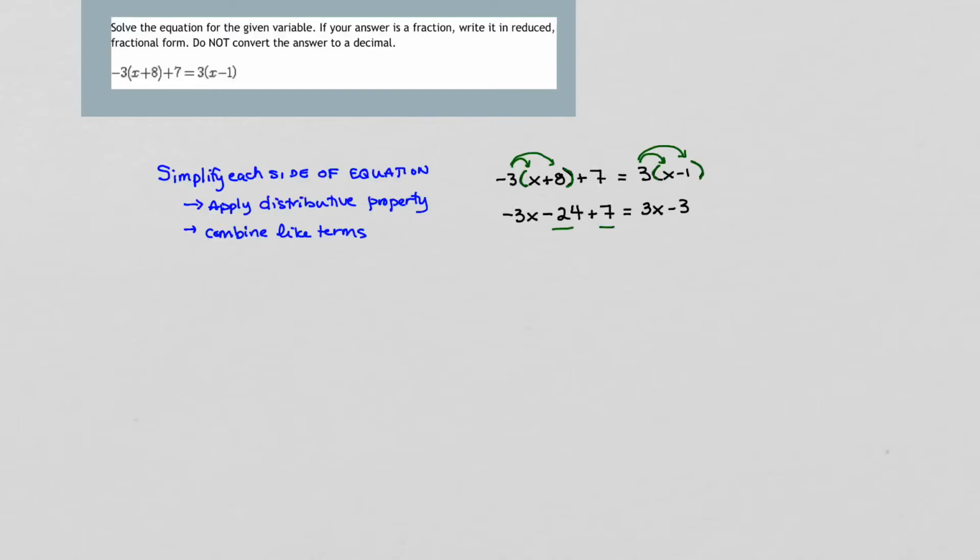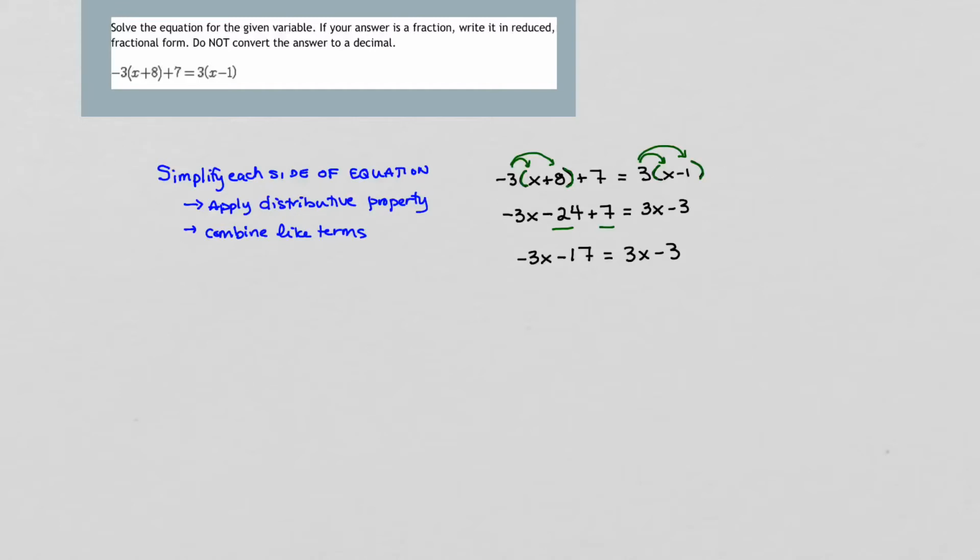They're both constants, so I can simply add them up. And so I have negative 3x minus 24 plus 7 actually gives me negative 17, so minus 17. On the right side, the 3x and the 3 are not like terms. One has a variable and the other one's constant, so we can't combine them. So now I've finished simplifying each side of my equation.